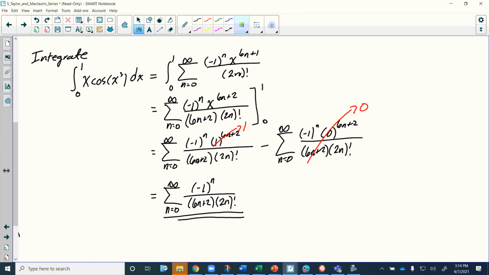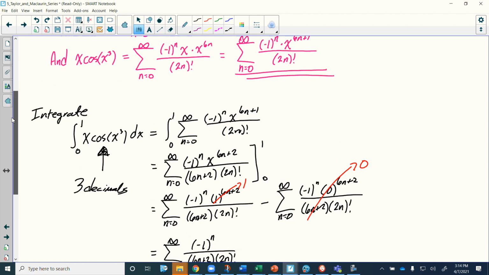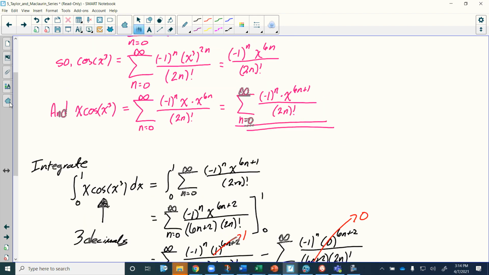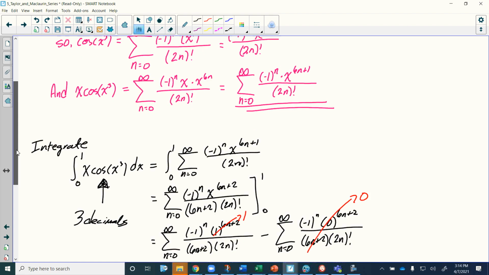Now, what we're being asked to do is to approximate this to 3 decimals. Okay, so we're almost there. Now that we started off with something simple, so that way we could actually get the series that I have underlined in kind of that pinkish color.